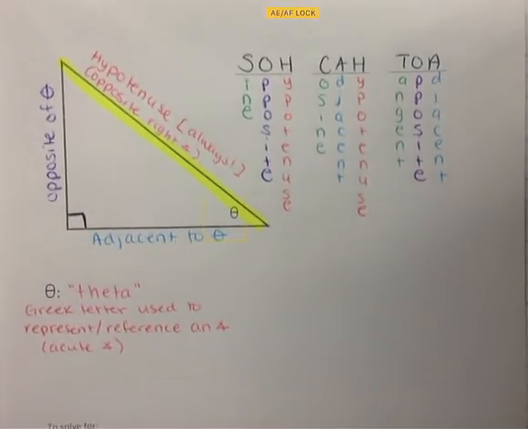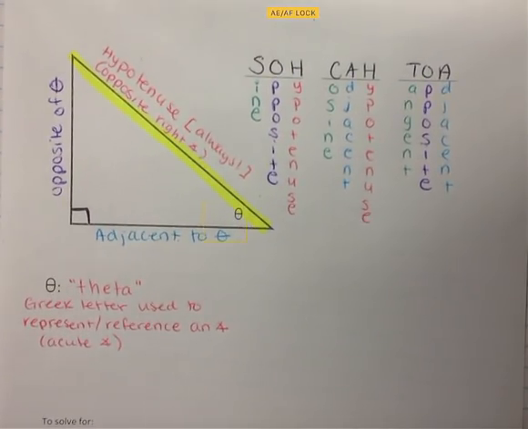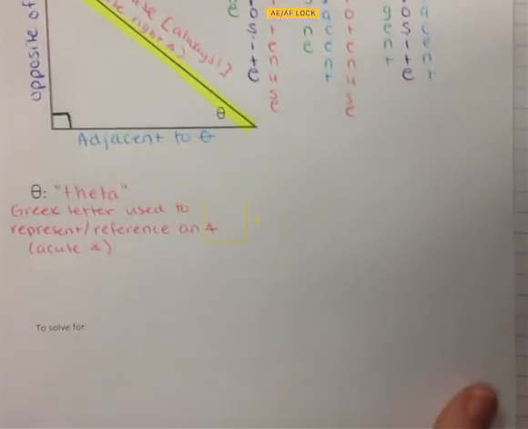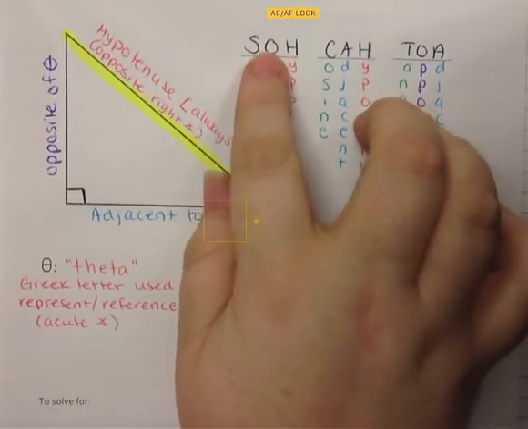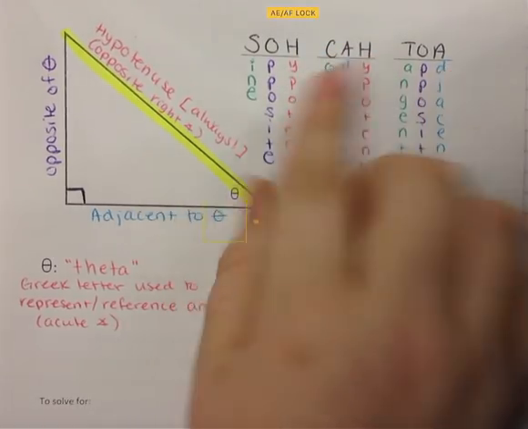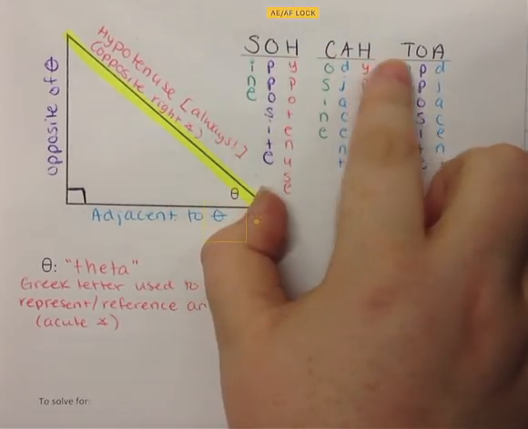So what does that really mean? What we're dealing with in trigonometry is trigonometry ratios, trig ratios. Ratios are fractions. I can also pronounce this as SOHCAHTOA.